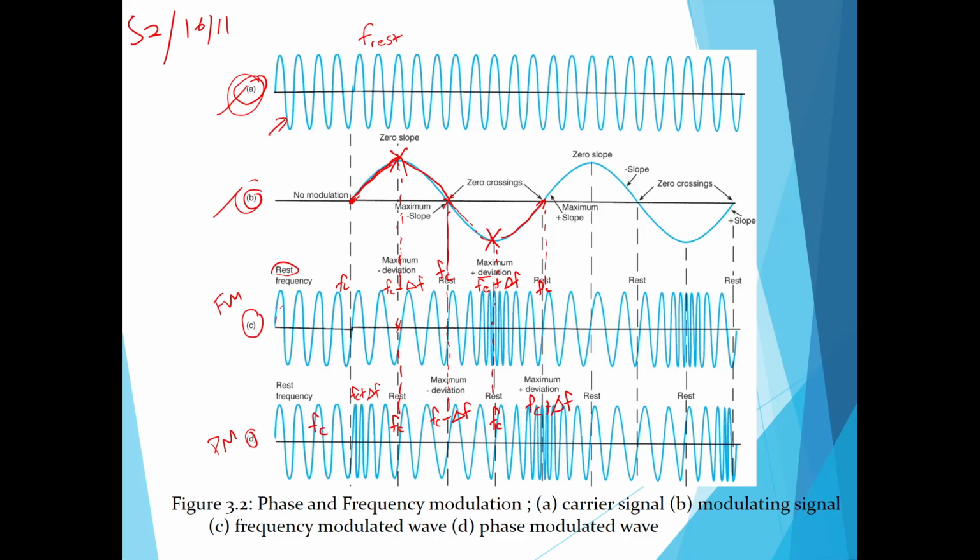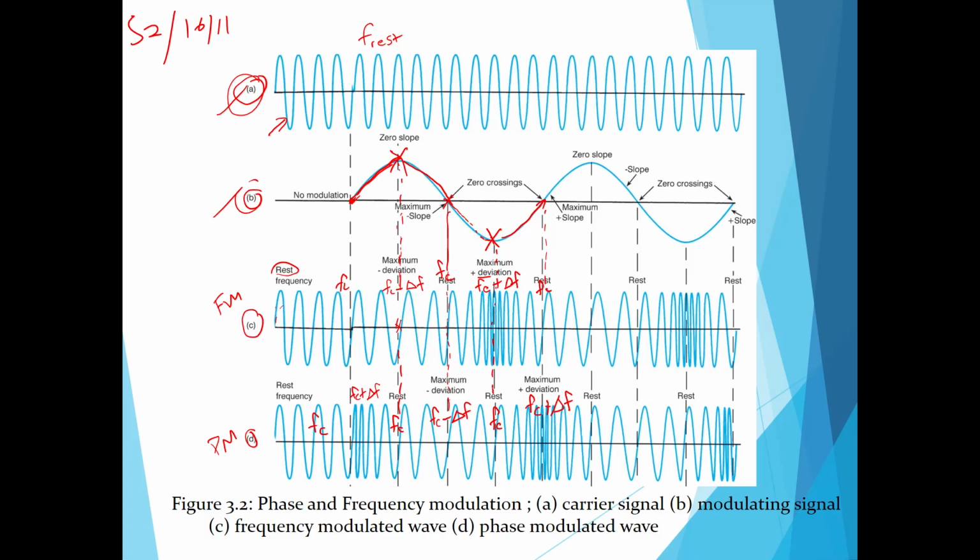But for phase modulation, the critical change of the signal happens when the modulating signal crosses the x-axis, either from negative to positive or positive to negative.